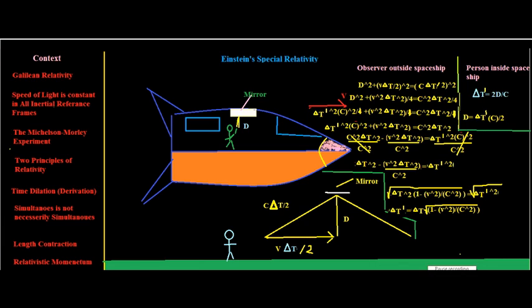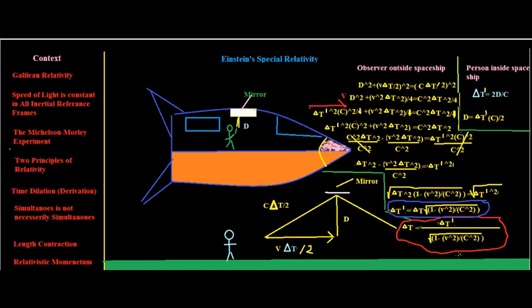Now if it makes you happy, you could divide both sides by the square root of 1 minus v squared over c squared. These are the two equations that relate the total change in time for the outside observer and the total change in time for the person inside the spaceship.